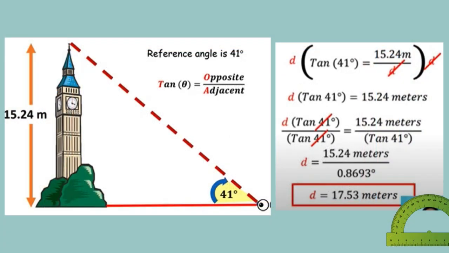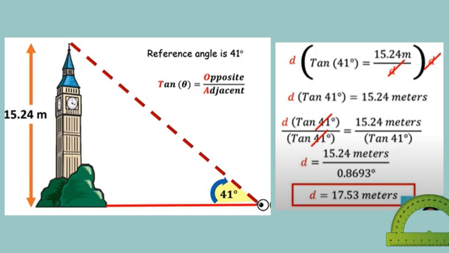Let's answer the first problem. First, let's illustrate. We have here our height, which is 15.24 meters. Our angle is 41 degrees, and our unknown side is the adjacent side. Our reference angle is 41 degrees. We will use tangent since tangent is equal to opposite over adjacent.